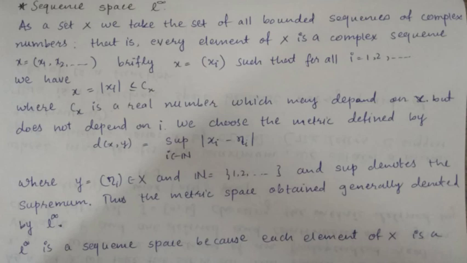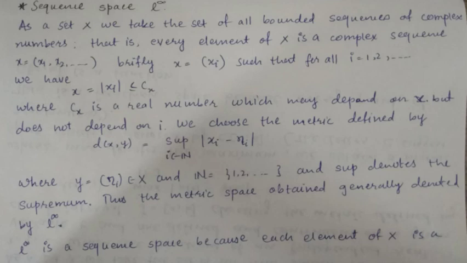this sequence is bounded. So here we have modulus of xi less than or equal to cx, where cx is a real number which may depend on x but does not depend on i. That is, modulus of xi is less than or equal to cx. What does that show? It shows that my sequence is bounded.